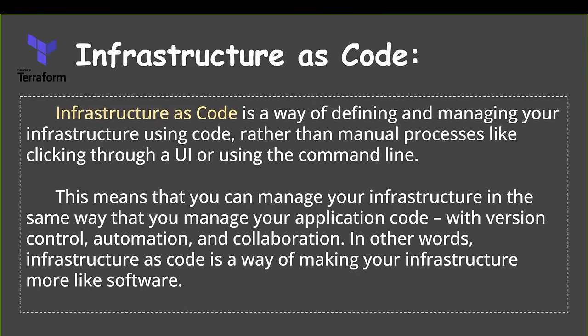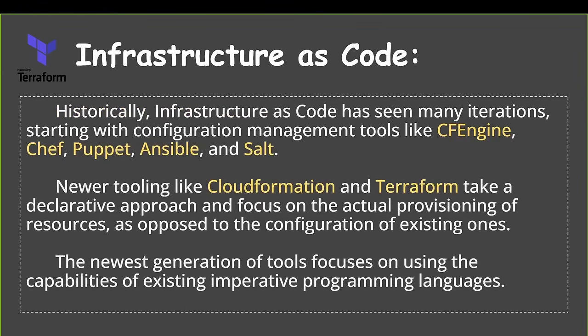Instead of running multiple commands to create the resources, you could have a code base, organized in the form of folders and files, which will help you create the resources. This means that you can manage your infrastructure the same way that you manage your application code, with version control, automation, and collaboration. In other words, infrastructure as code is a way of making your infrastructure more like software.